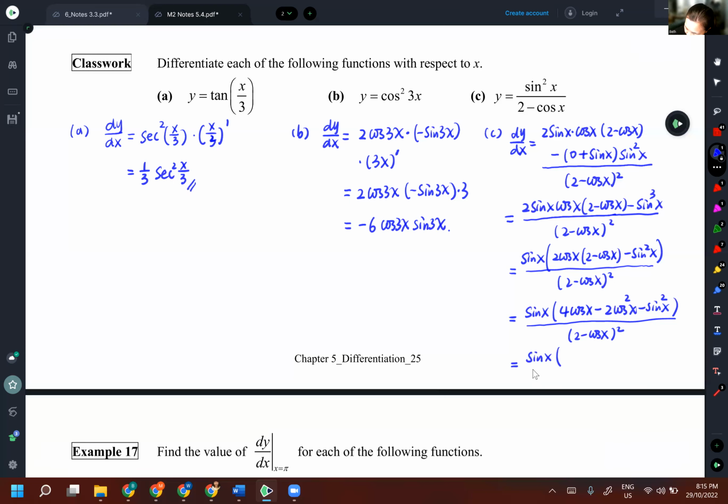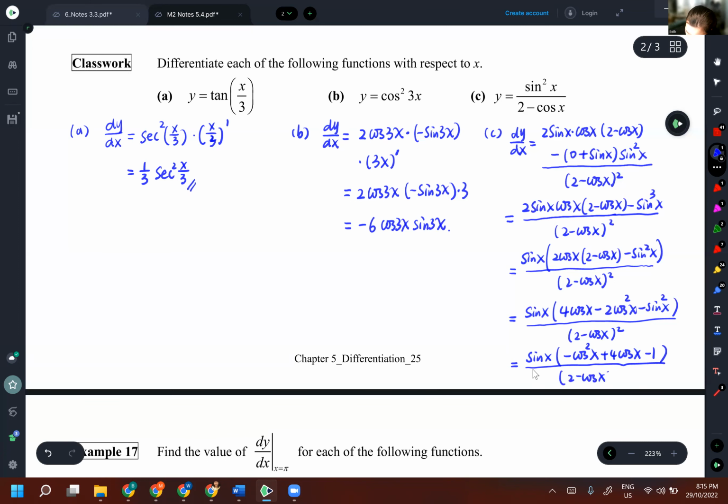That is negative cosine x squared plus 4 cosine x minus 1, over 2 minus cosine x whole squared. I think. If your answer is different from mine, compare our answers and decide for yourself which one is simpler. If you don't know, let me know.